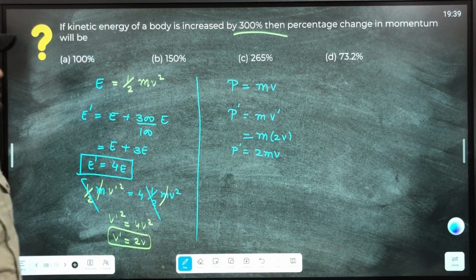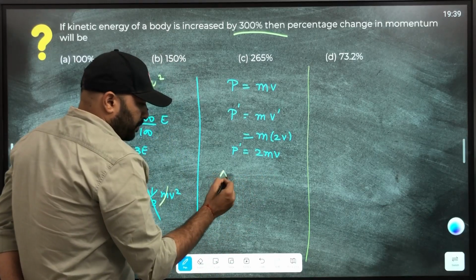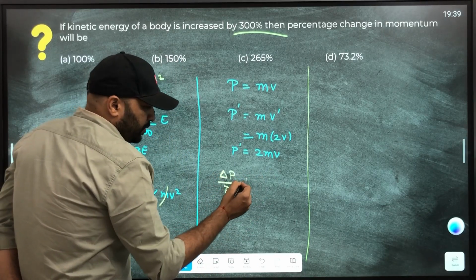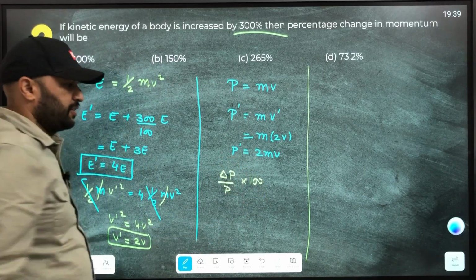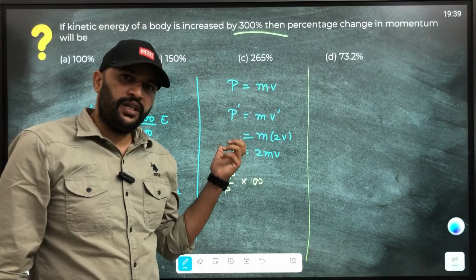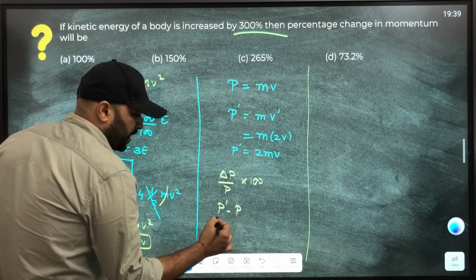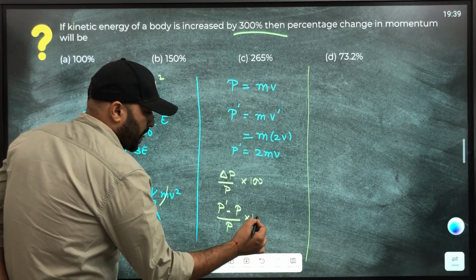They are asking the percentage change in momentum. How do you calculate percentage change? Delta P upon original P into 100. What is delta P? Change in momentum, that is final momentum minus initial momentum, upon initial momentum into 100.